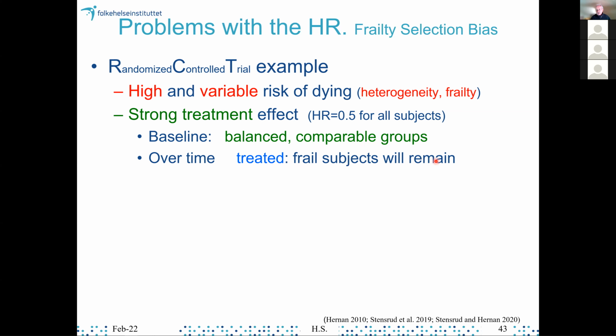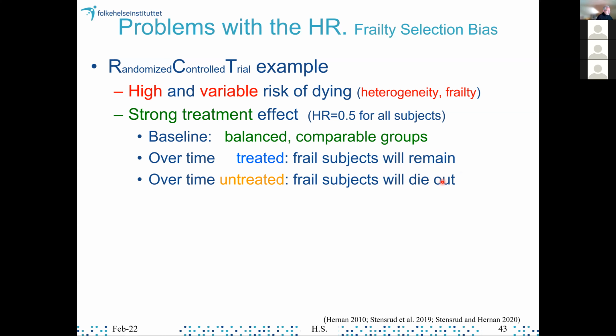They will die out, but slowly, because they are protected by the treatment. In the untreated group, however, frail subjects will die out quite rapidly. And over time, the treated group will have many frail subjects, and the untreated group will only consist of robust subjects. And then we have an unfair comparison between the groups.